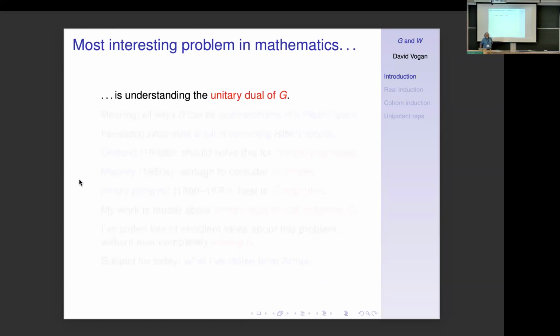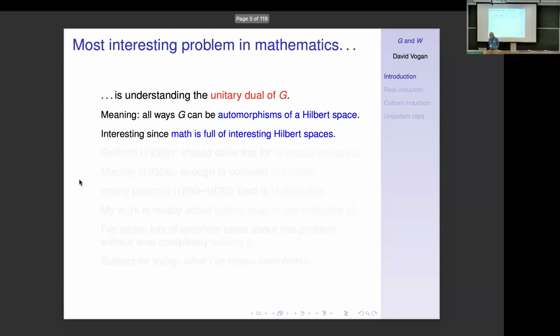As with Jeff, I'm going to assume that you already know what the most important, interesting problem in mathematics is. And that means understanding all the ways that a group can act as automorphisms of a Hilbert space. The reason it's interesting is that mathematics is full of interesting Hilbert spaces.